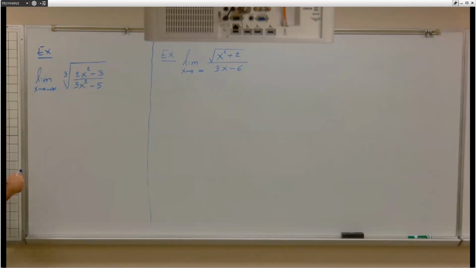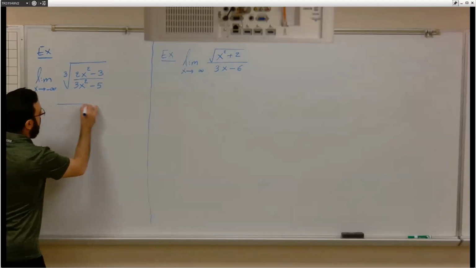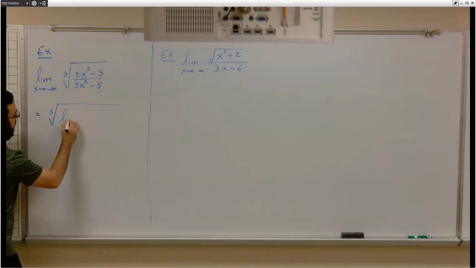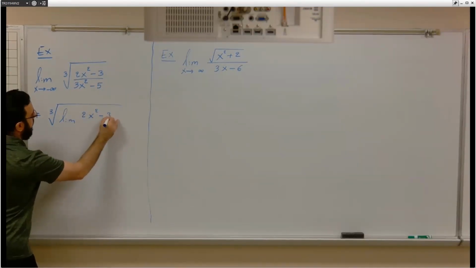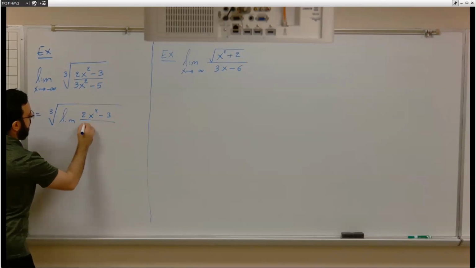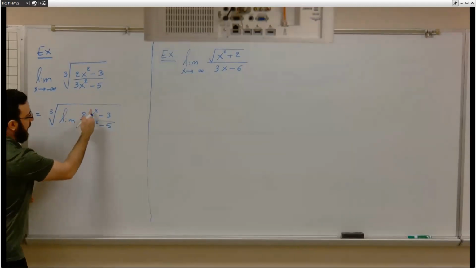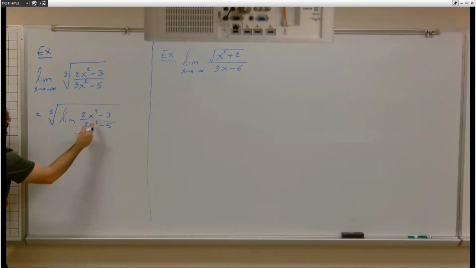inside the radical. So this is equal to the cubic root of the limit of (2x squared minus 3) over (3x squared minus 5). It's going to be the same result. Now for the limit under the radical, yes, I can divide by x squared.